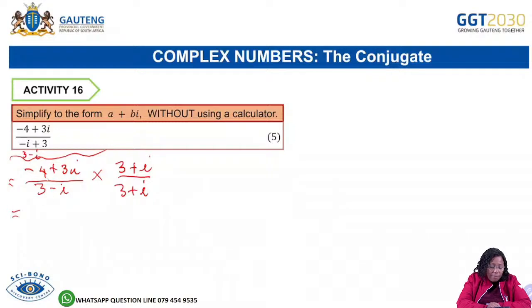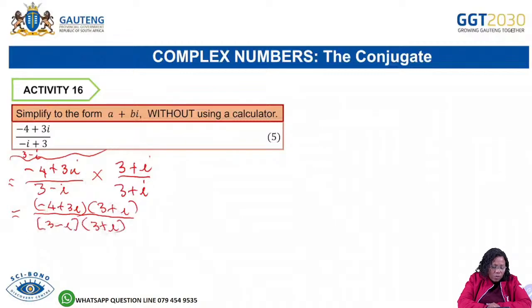So we are not tampering with the value of these numbers. Now we will have minus 4 plus 3i multiplied by 3 plus i there. Also on the denominator we have 3 minus i multiplied by 3 plus i. So we end up with minus 4 times 3 is minus 12. Minus 4 times i is minus 4i. 3i times 3 is 9i.